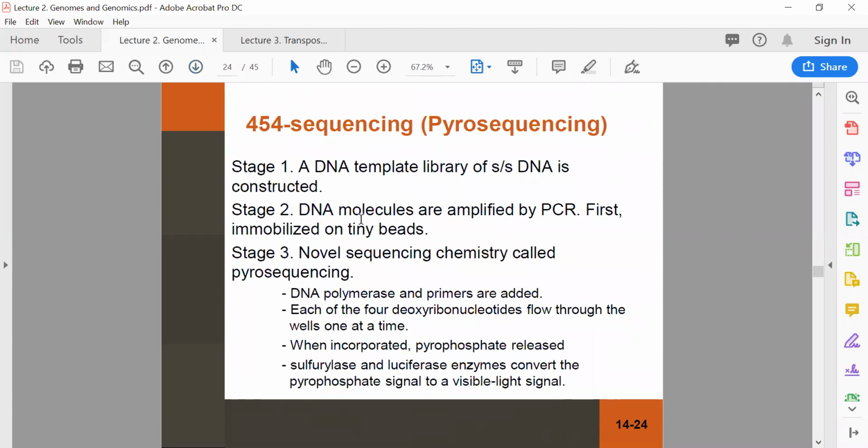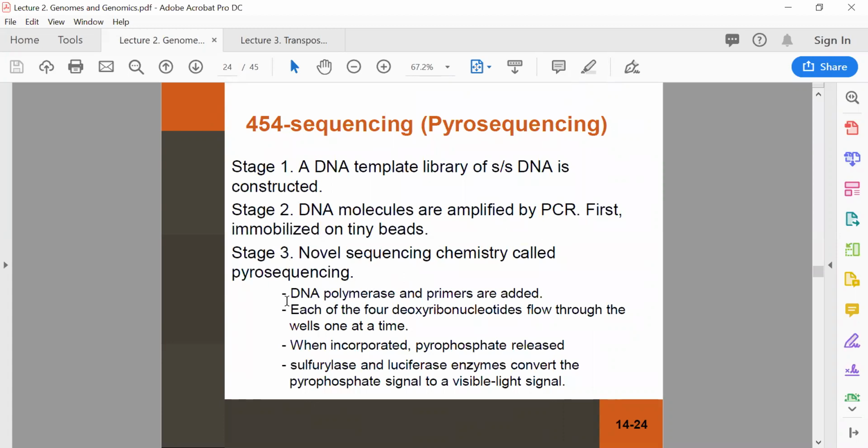In stage two, those DNA molecules are amplified by polymerase chain reaction, PCR. But before they're amplified by PCR, they are immobilized on very tiny beads. Then in stage three, a novel sequencing chemistry called pyrosequencing is employed.